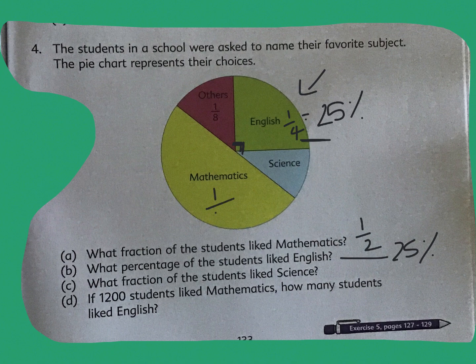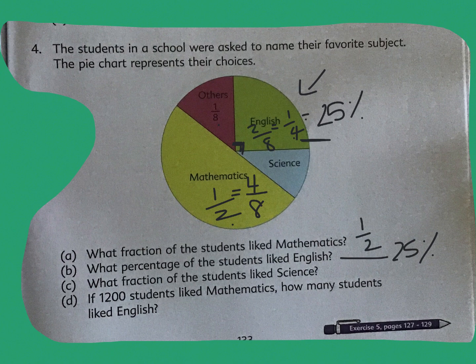What fraction of students liked science? So we know that here is a half. So we need to combine 1/8, 1/4, and 1/2. What is the common denominator of all of them? Does 2 go into 4? Yes. Does 2 go into 8? Yep. So 8ths are going to be the common denominator. So 1/2 equals 4/8. 1/4 equals 2/8.